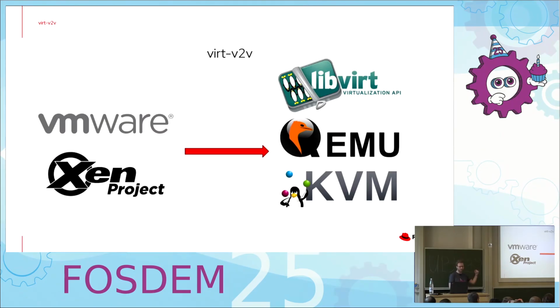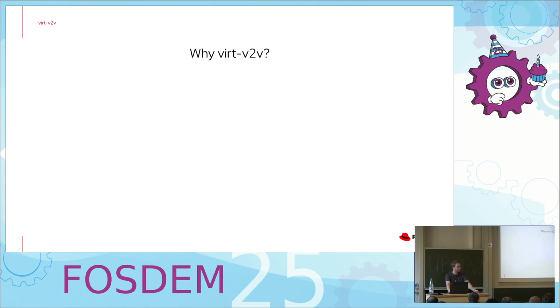So virt-v2v, a really known tool, has been developed by Richard Jones for many, many years, focusing lately mainly on VMware for migration to QEMU. Why virt-v2v? Why did we go with some choices? The main thing is guest conversion.